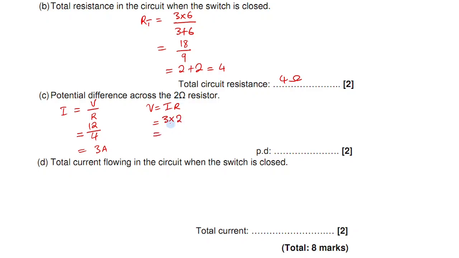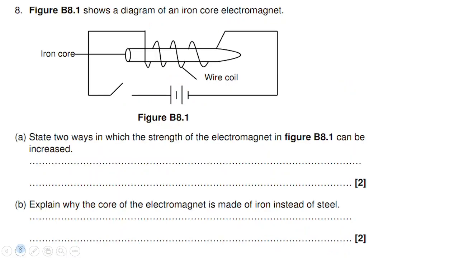You multiply to get 6 volts. So here you write 6 volts. Then they are saying the total current flowing in the circuit when the switch is closed, which we have already found here. It is 3 amps. You show them how to calculate it if they want: V over R, so 12 over 4, which is going to be 3 amps. Then you continue.